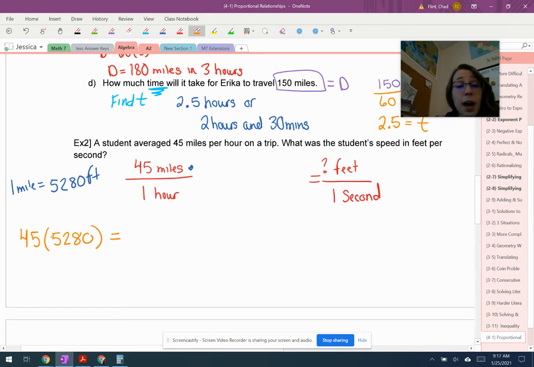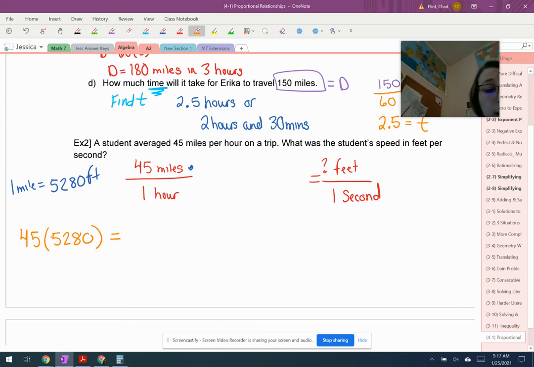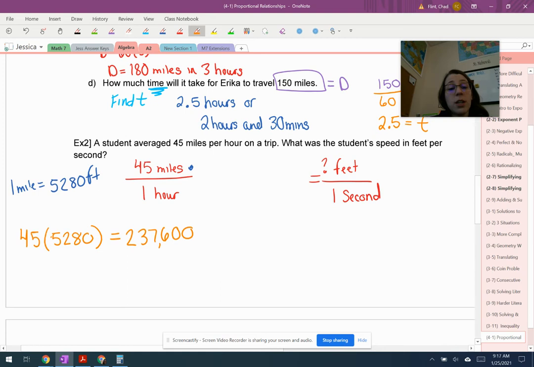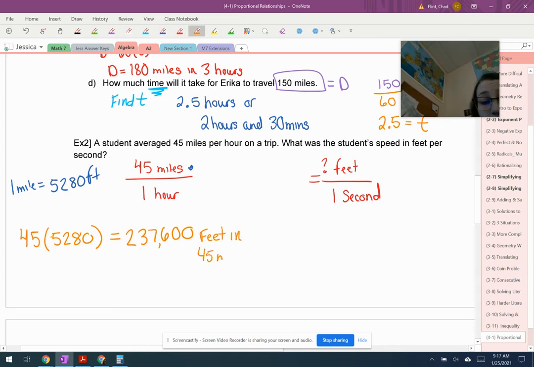So 45 miles times the number of feet in each mile gives me 237,600. Labels again, because we don't want to forget what that is, and that would be feet in 45 miles.